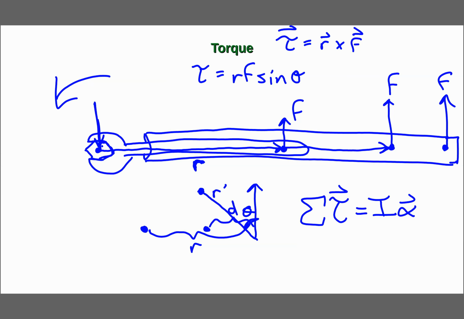Okay? The sum of the torques is equal to the moment of inertia times the angular acceleration. Okay? And we use this tool just like we used Newton's second law. Okay? We sum up all the torques, we set that equal to I alpha, and then we solve for whatever it is that we care about. Okay?